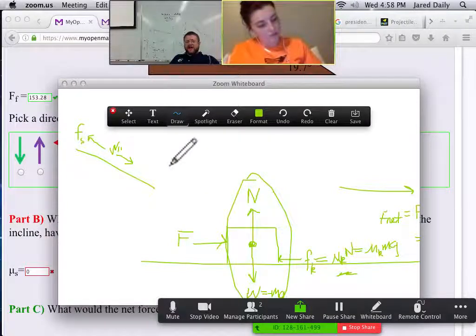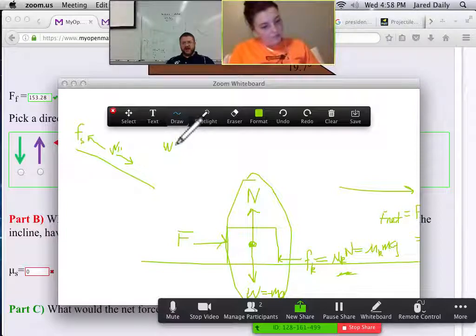And what it looked like in the end is the weight parallel, which was weight times sine theta, minus the frictional force, which was mu static times the normal force, which was the weight perpendicular, weight times cosine theta.